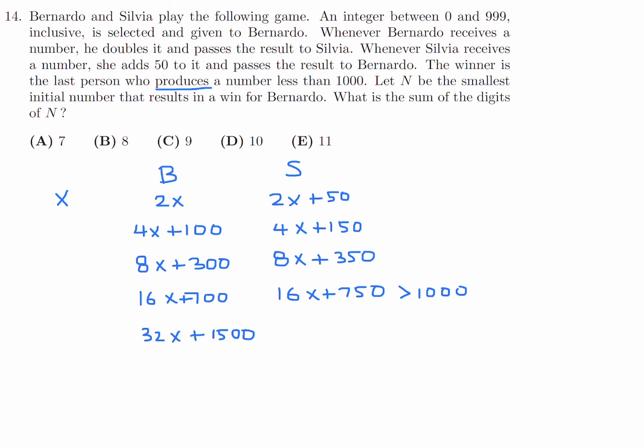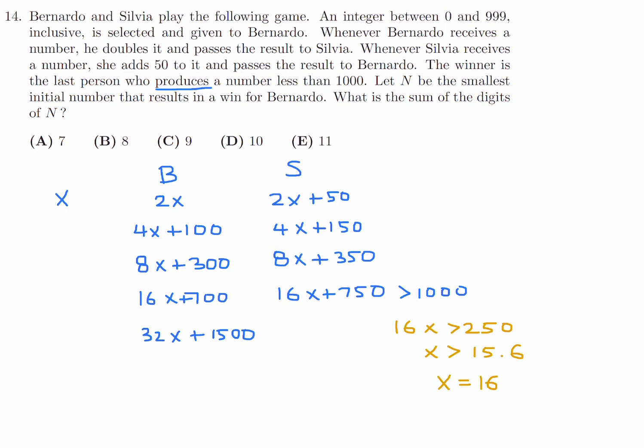So if 16x plus 750 is greater than 1,000, that means 16x is greater than 250, and x is greater than 250 divided by 16, probably a little over 15 point something, 15.6. So that means x has to be greater than 15.6. The smallest number, therefore, is 16.